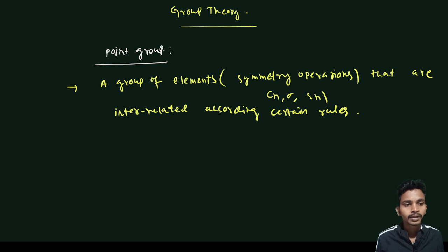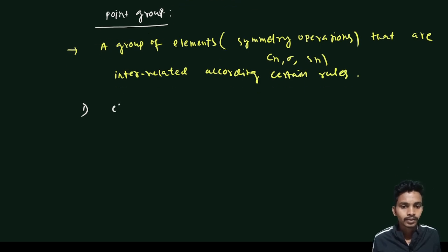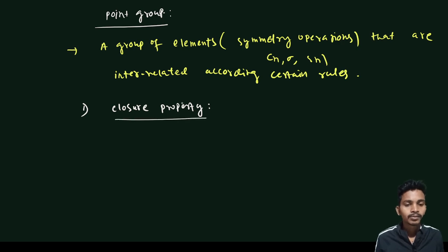So what are the certain rules? Rules like the closure property. What do we mean by the closure property?